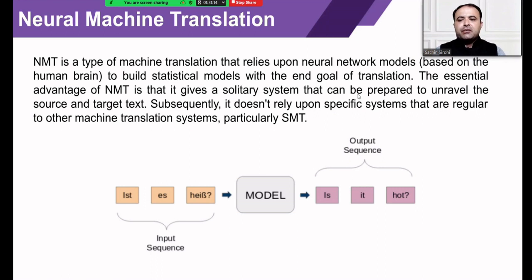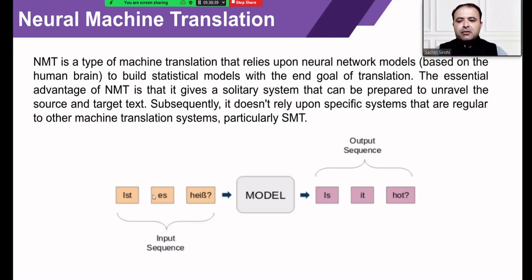The essential advantage of NMT is that it gives a single system that can be trained to decode the source to target text. So we want to use our brain for the work we want to perform automatically. Subsequently, it doesn't rely upon the scientific systems that are common to other machine translation systems, particularly SMT.